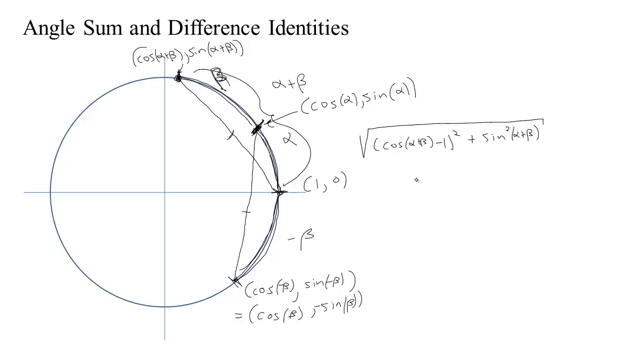Then that distance has to be the same as this distance, and this distance would be the square root of cosine alpha minus cosine beta, squared, plus the difference in the y-coordinates, sine alpha minus sine of negative beta, so that would be sine alpha plus sine beta. The two negatives made a positive there.